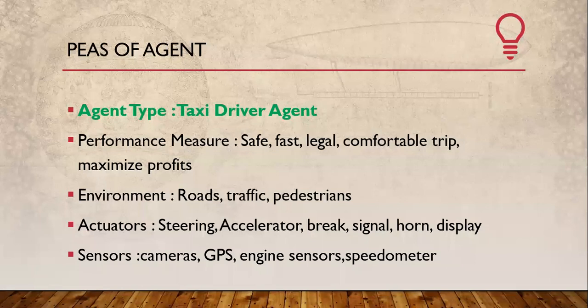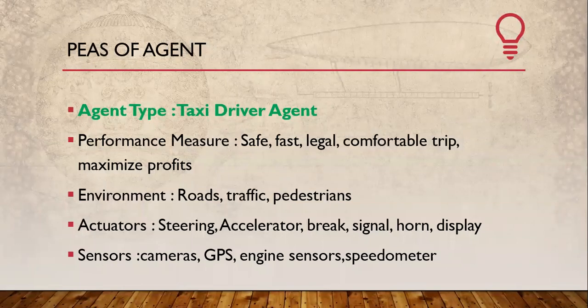If a taxi driver agent is working in an environment and all these measures are followed, then the agent has worked according to the need for which it was created. Now let's say the priority of safe and fast is such that safe is more important, and fast is next to this. So this is how it works.